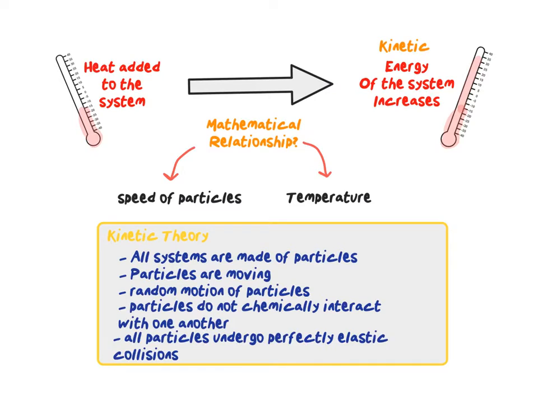Now, that means that they're not losing kinetic energy when they collide with the walls of the container or with one another. So other things that we're going to add to the kinetic molecular theory are that particles within the gas do not react with one another and that they have perfectly elastic collisions.